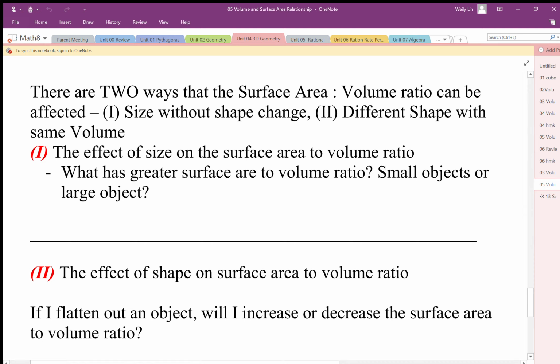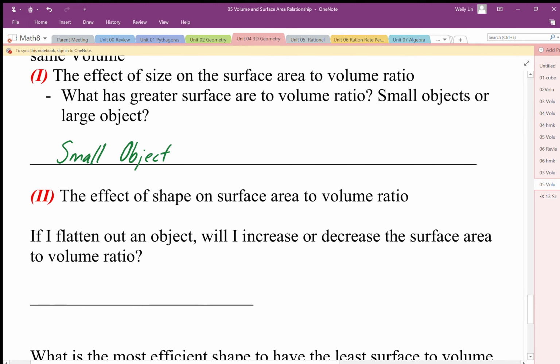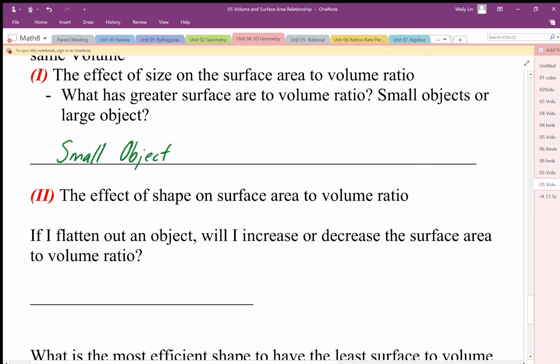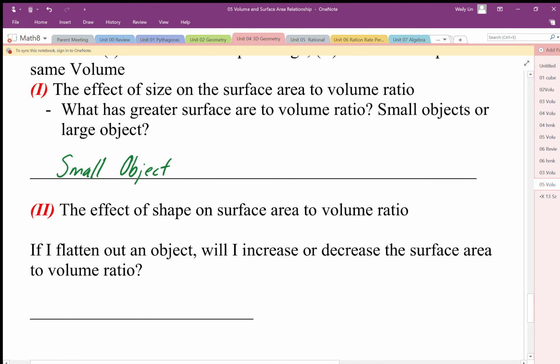So what has greater surface area to volume ratio? Small objects. Okay, that will increase the amount of surface area. What about shape? Okay, so we're not going to change the size of it or the volume of it. If we're just going to change the shape of it, we want to flatten out. Wide and flat, tall and thin. So if you flatten out an object, will you increase or decrease the surface area to volume ratio?